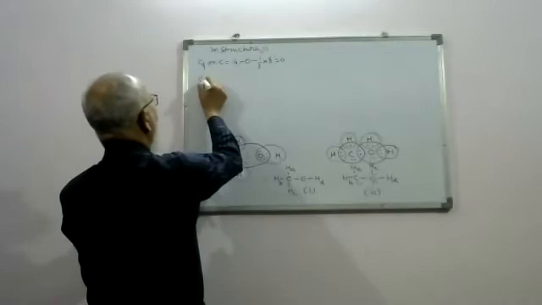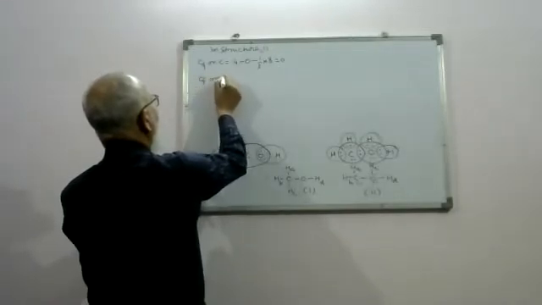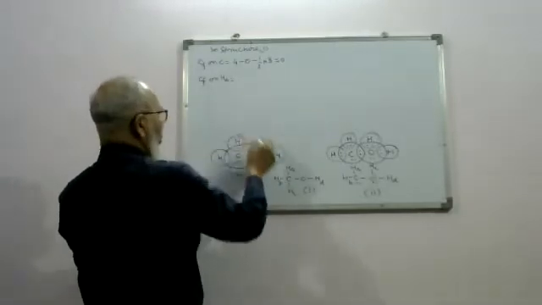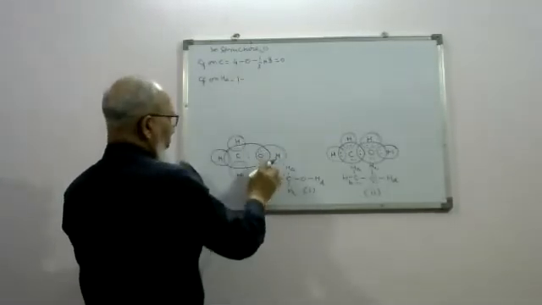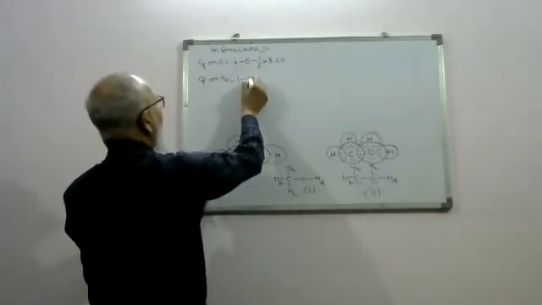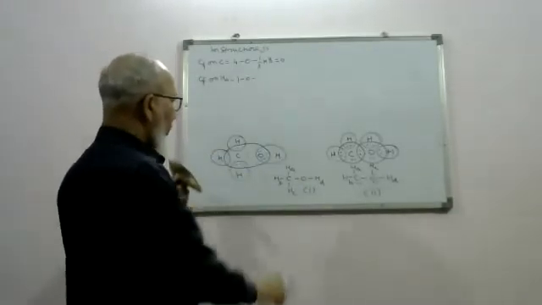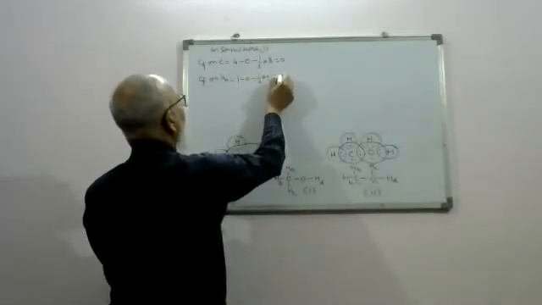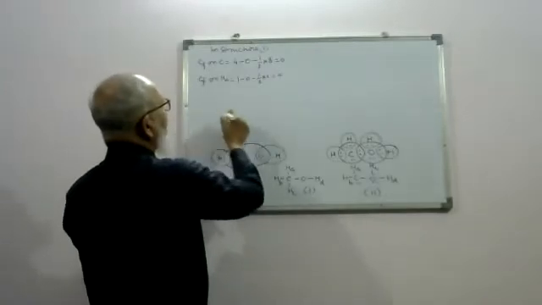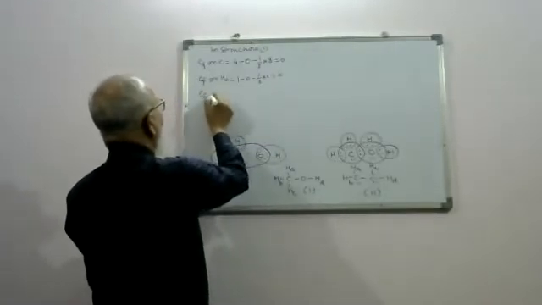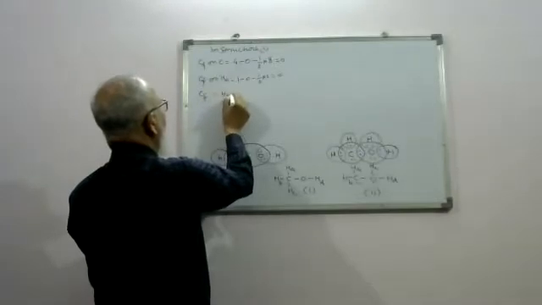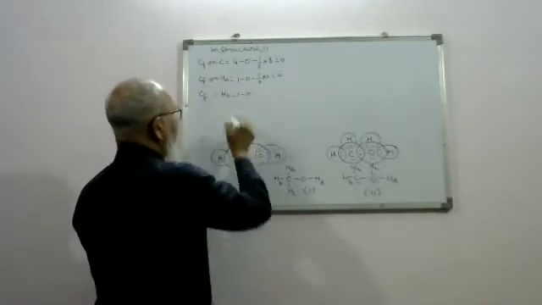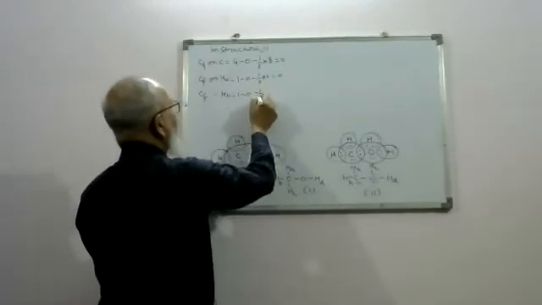Now CF on HA, that is on this hydrogen atom. This is equal to valence electron 1 minus unshared electron 0 minus 1 by 2 into 2. This is equal to 0. CF on HB, second hydrogen atom. Again 1 minus unshared 0 minus 1 by 2 into 2.